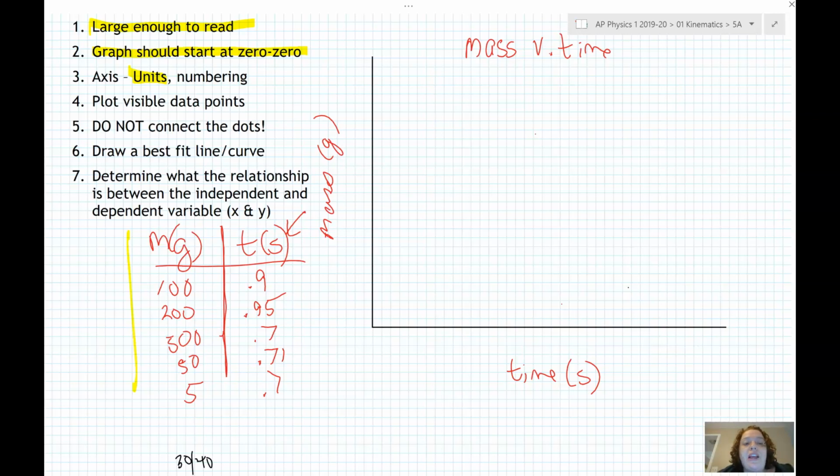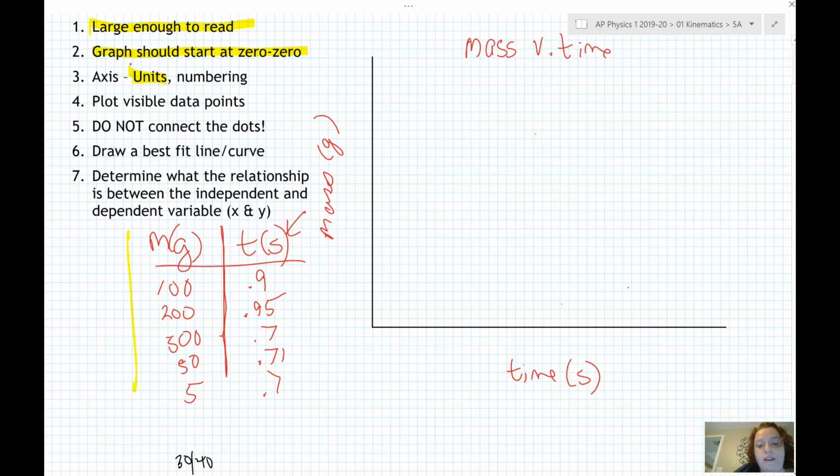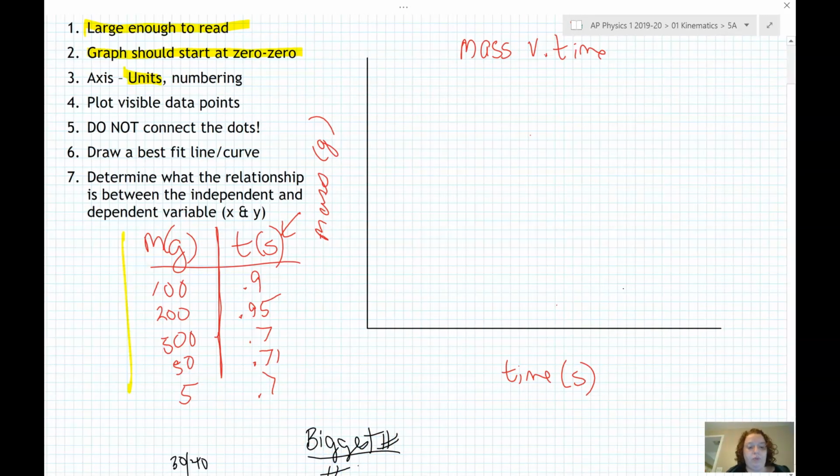But until you get a handle for it, the easiest way to figure out the increments for your axis is this: you take your biggest number and divide it by the number of squares.